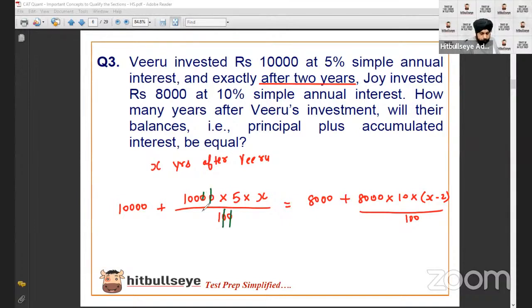This 100 goes off, 100 is over here as well. So 10,000 plus 5x, sorry, 10,000 plus 500x is equal to 8,000 plus 800x minus 1,600. So people, taking x on that side, 300x is equal to 10,500 plus 1,600.